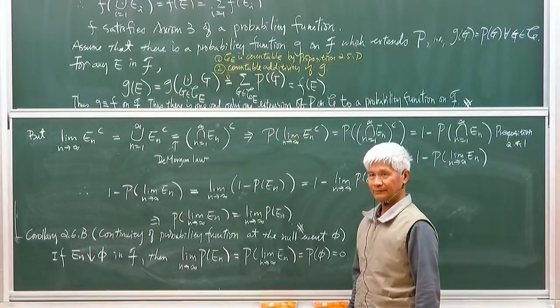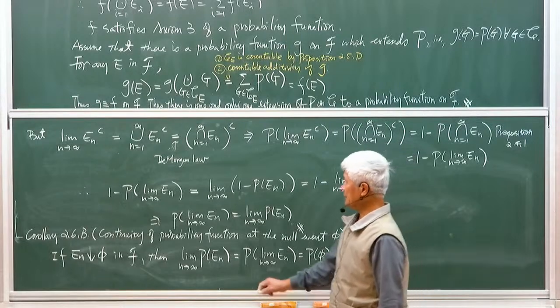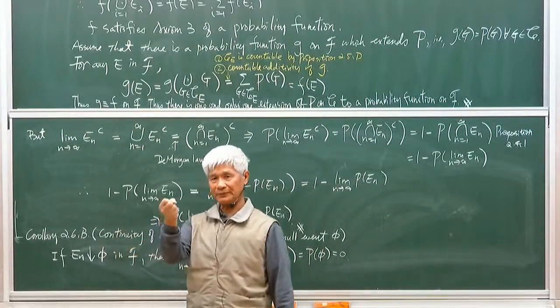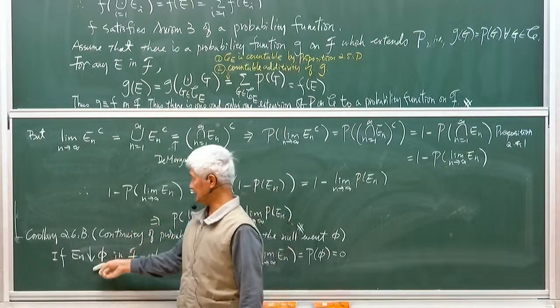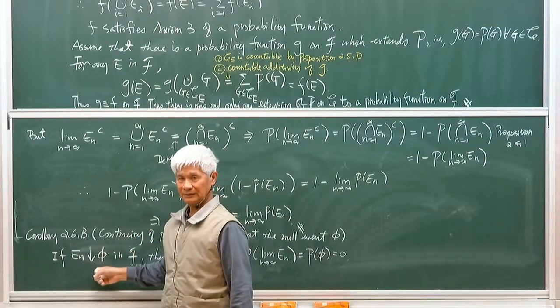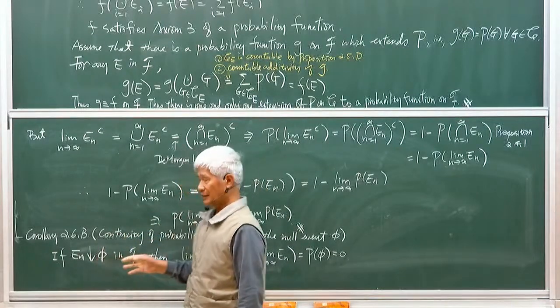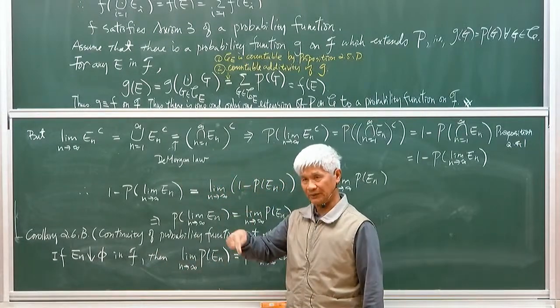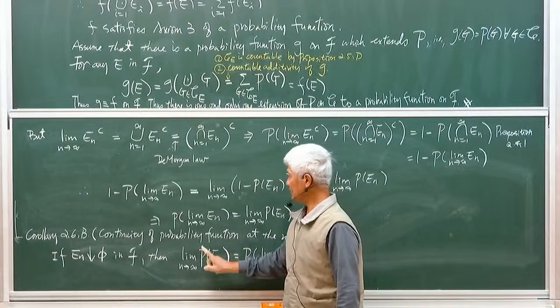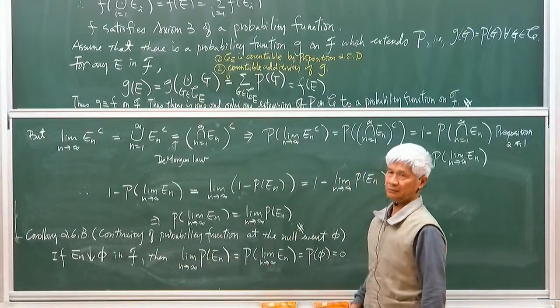When En becomes smaller and smaller, and their intersection is the empty set, then the probability of En becomes smaller and smaller, and the limit also goes to 0.